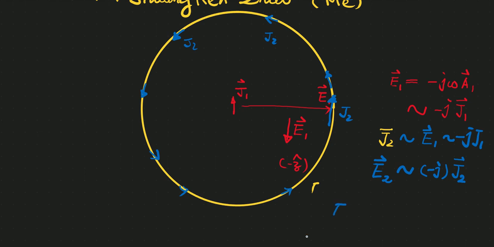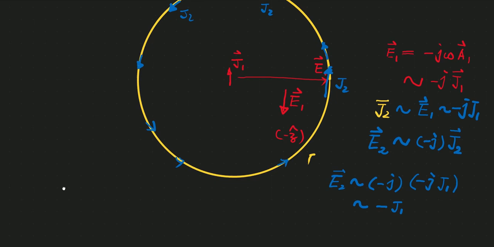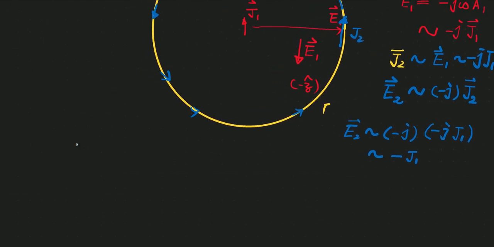Hence, E2 will be minus G2 minus G1. I choose the phase G1. Now we calculate PG.